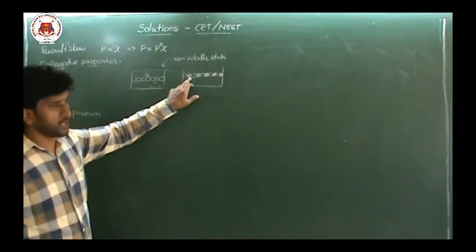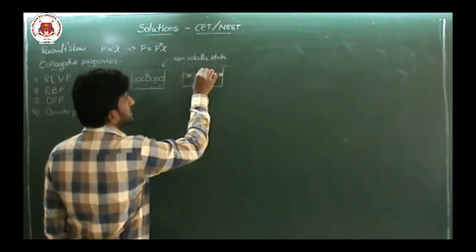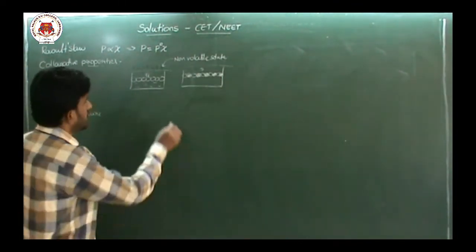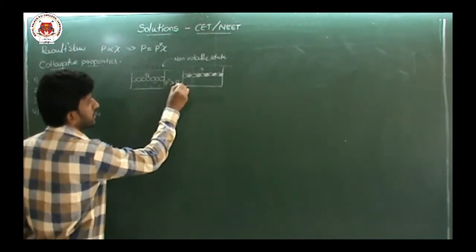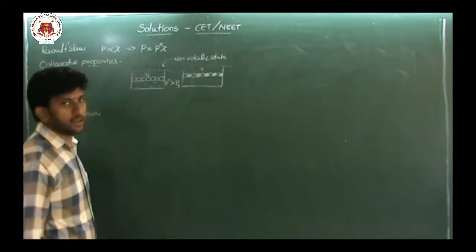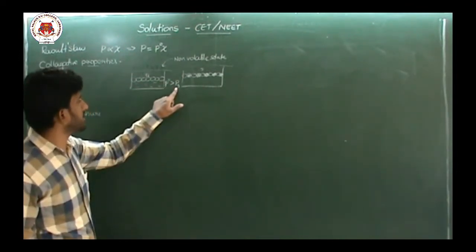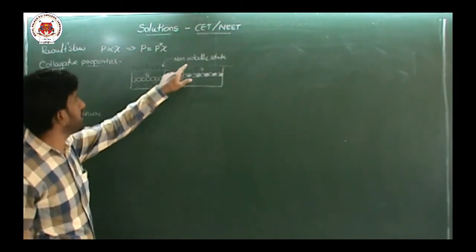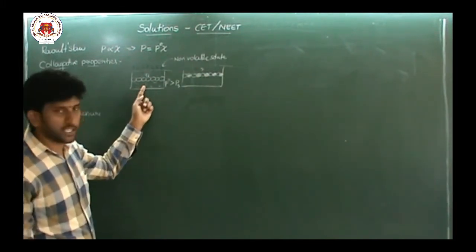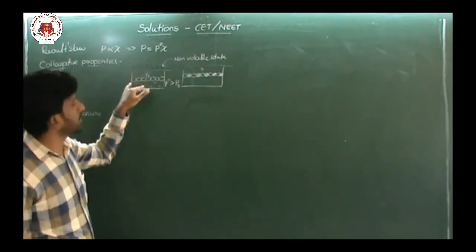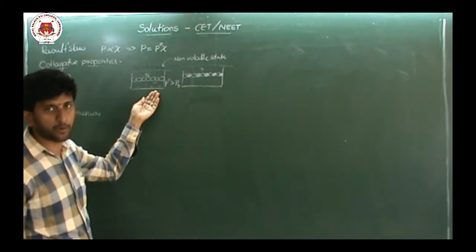So solute is non-volatile, solvent is volatile. Means here also pressure will be there, but the pressure of pure solvent will be greater than the pressure of solution. Why? Because solute is non-volatile. So initially there is no solute, so all the molecules tend to escape into the vapor state, so vapor pressure will be more.